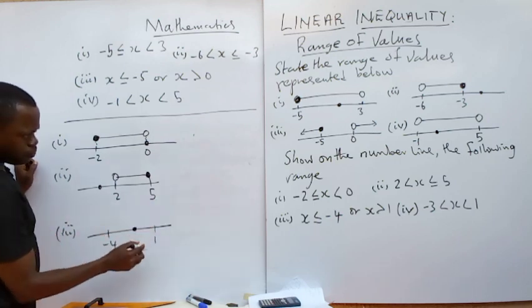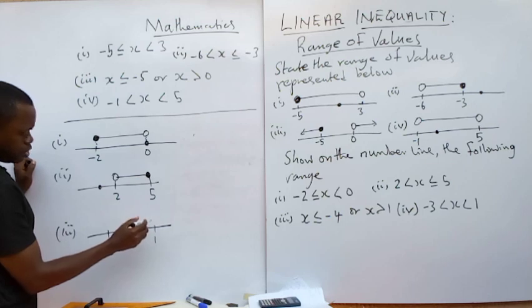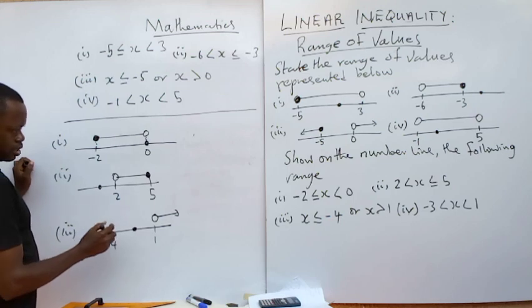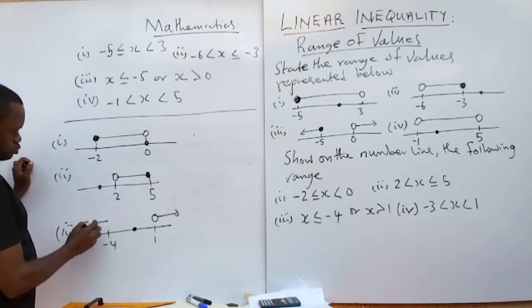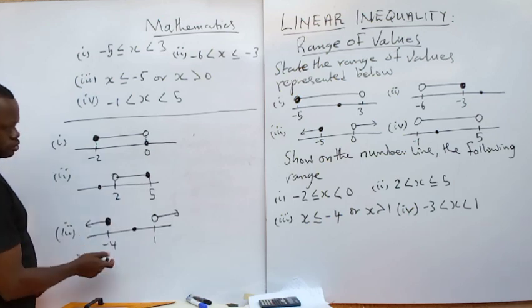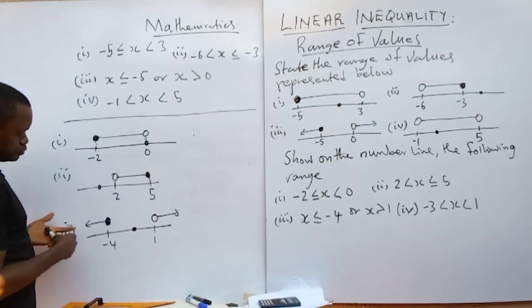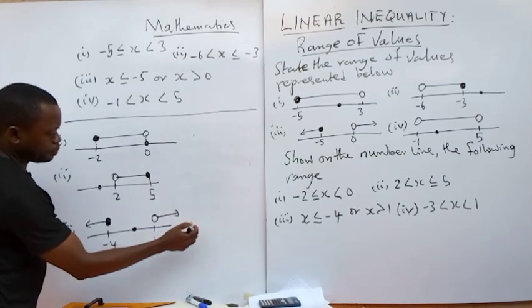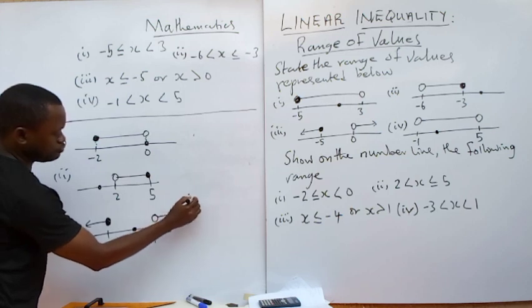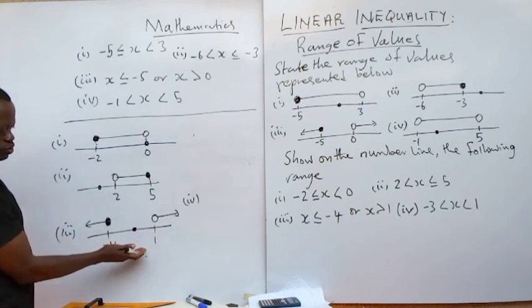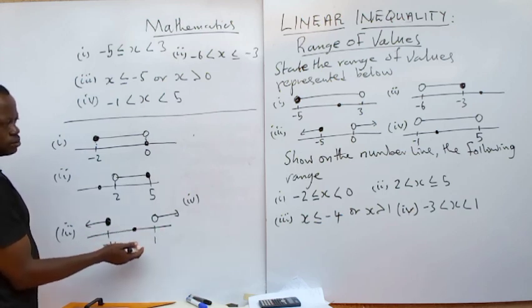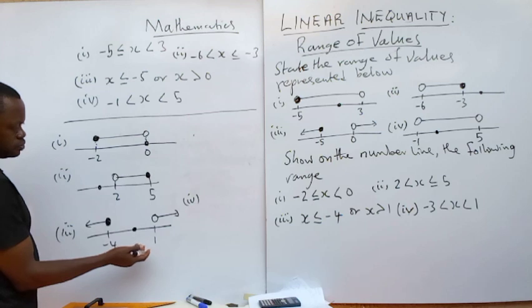So x strictly greater than 1 should point this way with this open, and x less than or equal to -4 should point this way with here shaded, meaning that -4 is inclusive. I'm sure this explanation is taken. Please apply it in every other problem you can see out there.